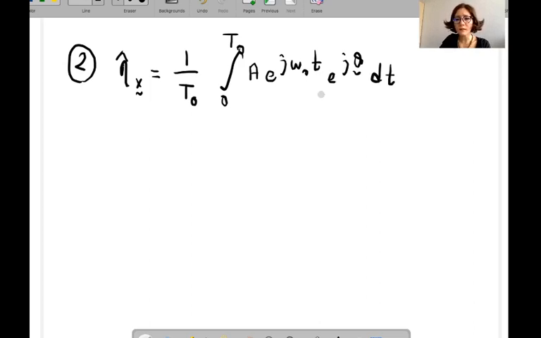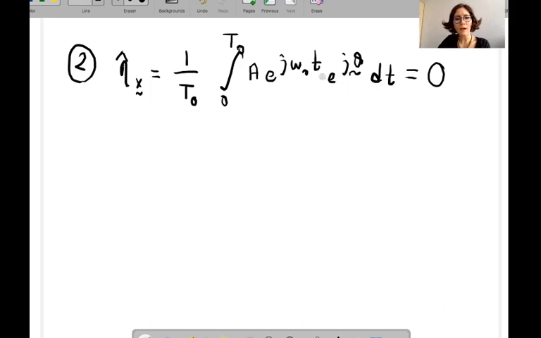So again, this is a time integral. Careful, this is the term that includes randomness, and we are taking a time integral. So if you look at this integral from the perspective of t, this is a constant term. You could even take it outside, and what you have here is a complex exponential, and you're integrating that complex exponential over a single period, so it will come out as 0.